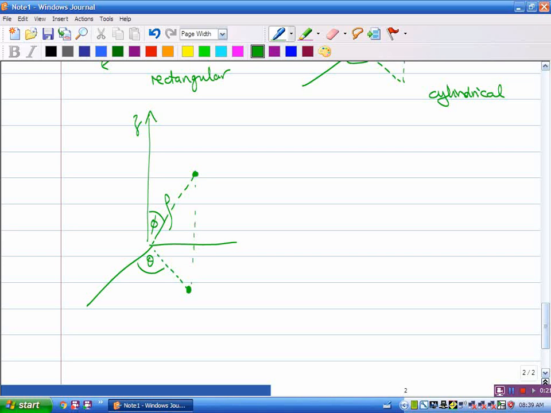Theta is always measured from the positive x-axis, just like we do in two-dimensional polar. So theta and phi are both angles from a positive axis, one x, the other z. We never measure from y, interestingly enough.